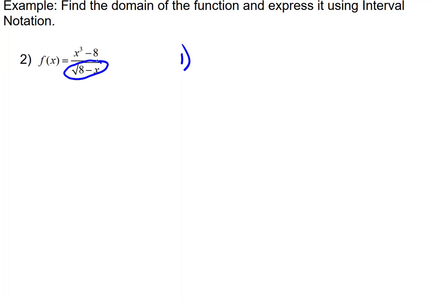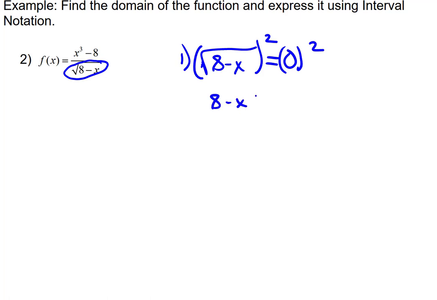Well, we can find out when that might happen by setting it equal to 0. So we'll just take our denominator, which is the square root of 8 minus x, and set it equal to 0, and solve to see which x values might cause this. We can go ahead and square both sides of this equation to solve, and we'll end up with 8 minus x on the left side and then 0 squared is 0 on the right side.